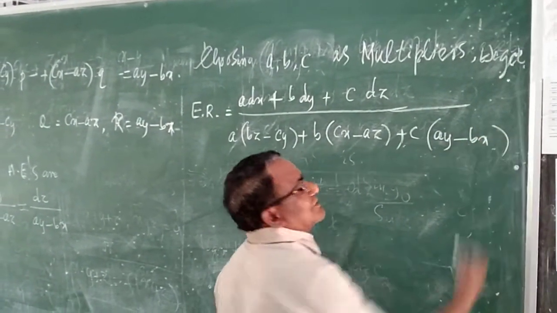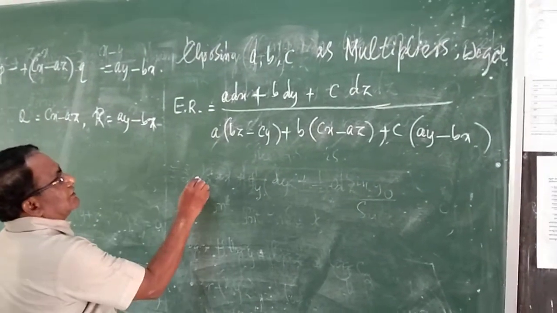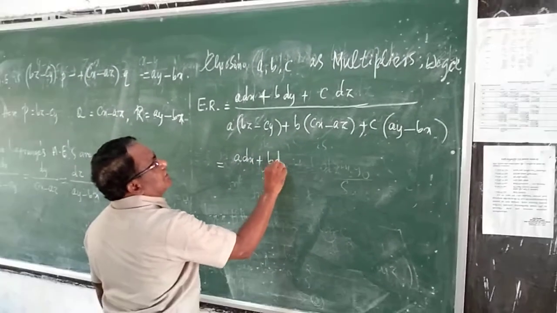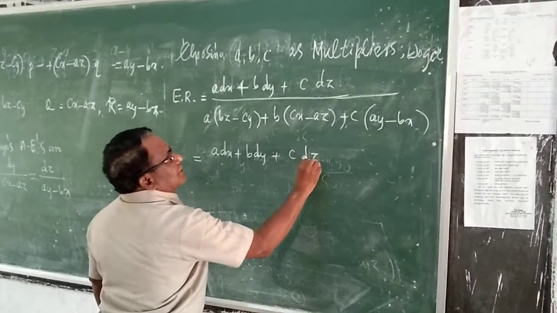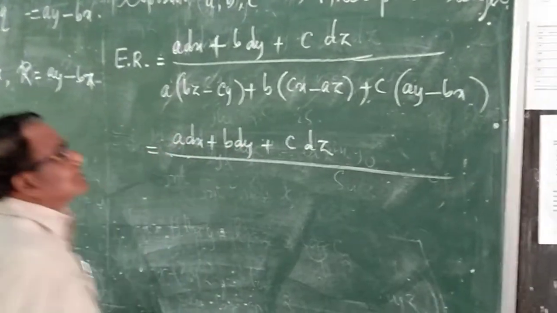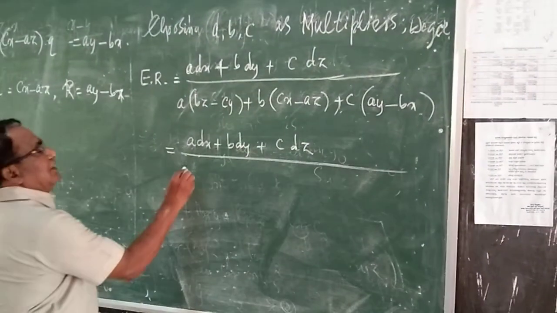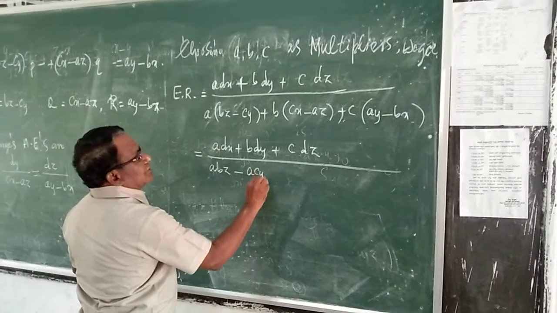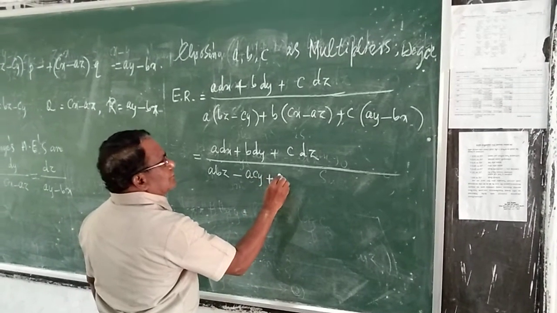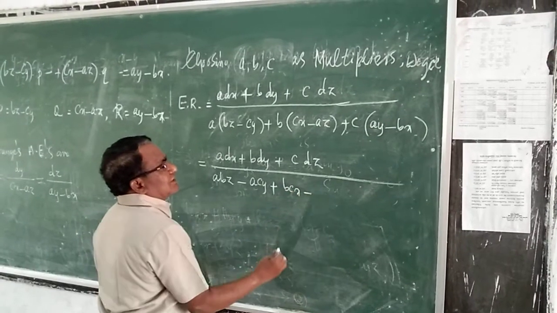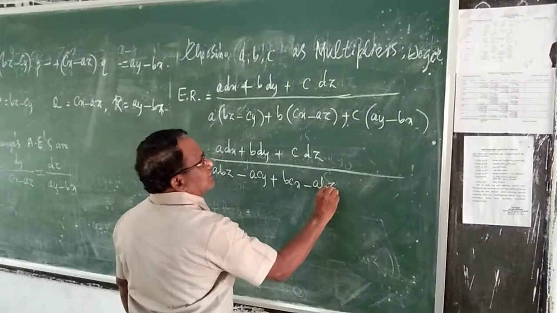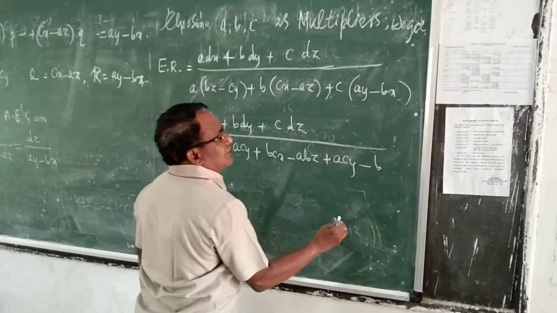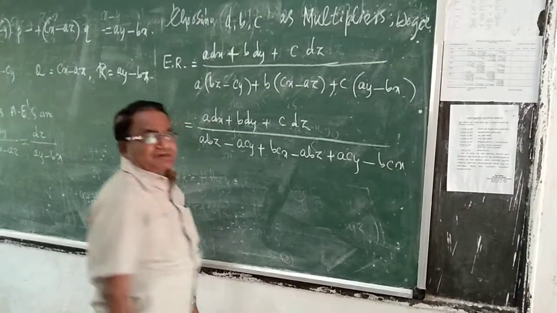That is equal to a into dx plus b into dy plus c into dz divided by, see the denominator, a into bz is abz, minus a into cy is acy, plus b into cx is bcx, minus b into az is abz, plus c into ay is acy, minus c into bx is bcx.